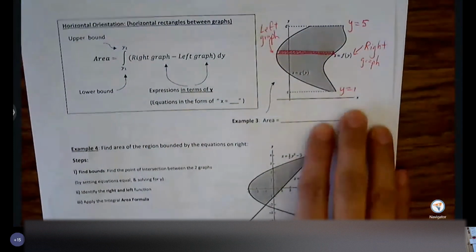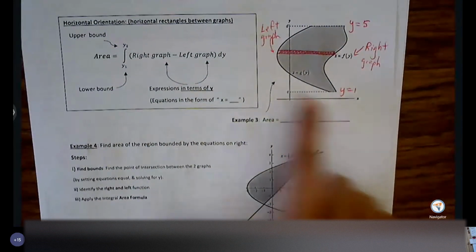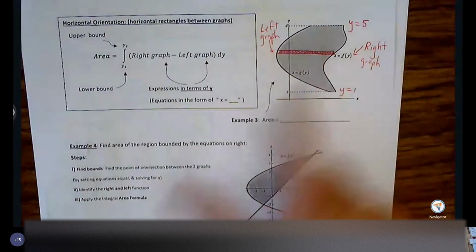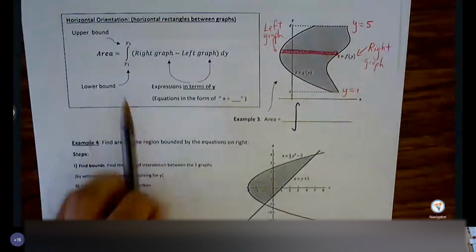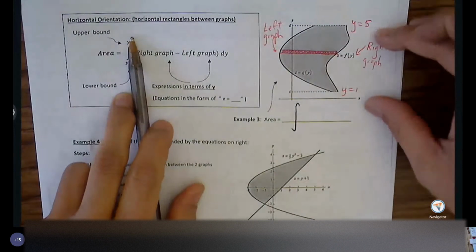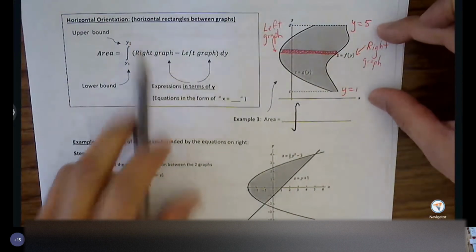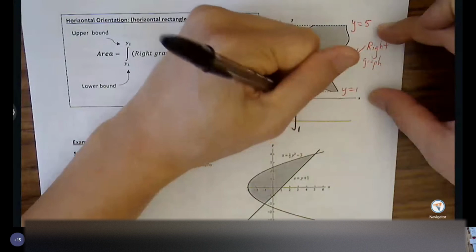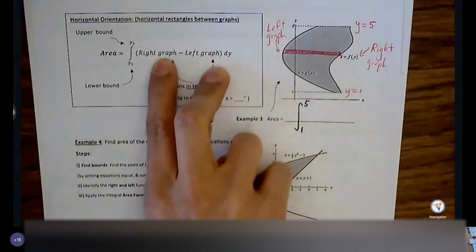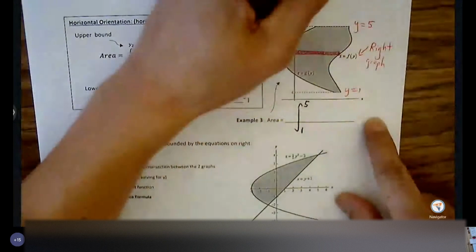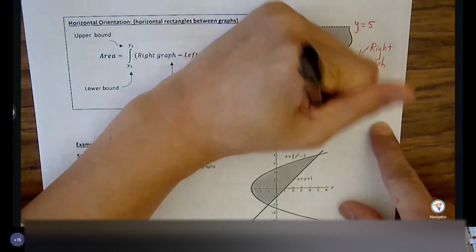Now we can just create an area notation for this problem. So definite integral from lower bound to upper bound, so from c to d, but for this problem, I just made it more specific, from 1 to 5. Right graph minus left graph, so f of y minus g of y.